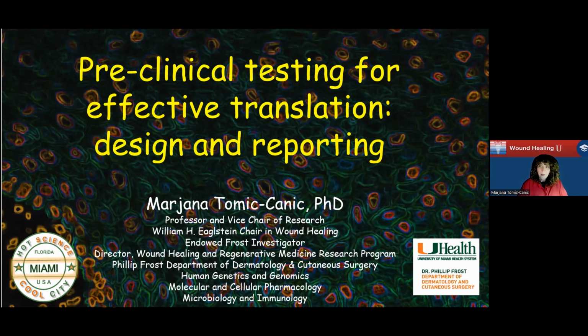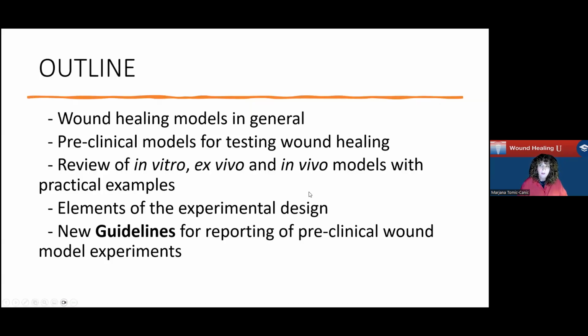Today, we will talk about preclinical testing for effective translation, mostly looking at different aspects of models, design, and reporting. My outline will focus very briefly on wound healing models in general. I will then focus primarily on preclinical models for testing.